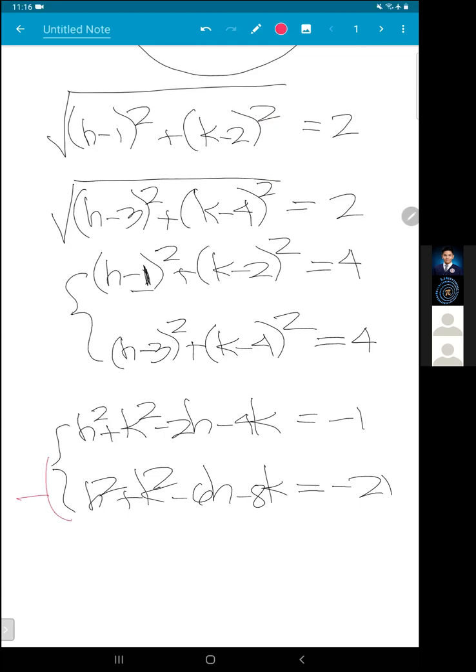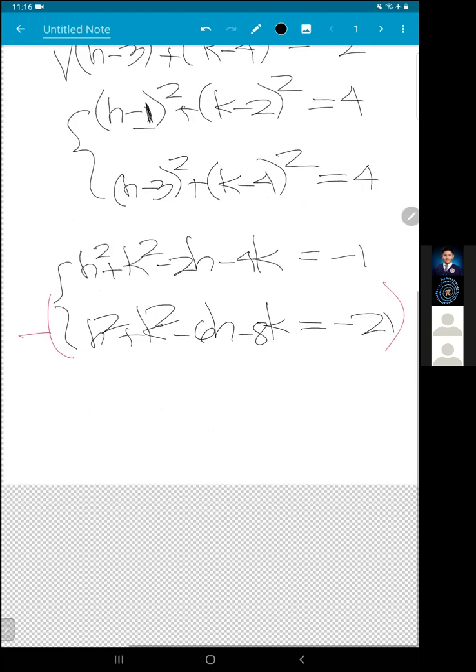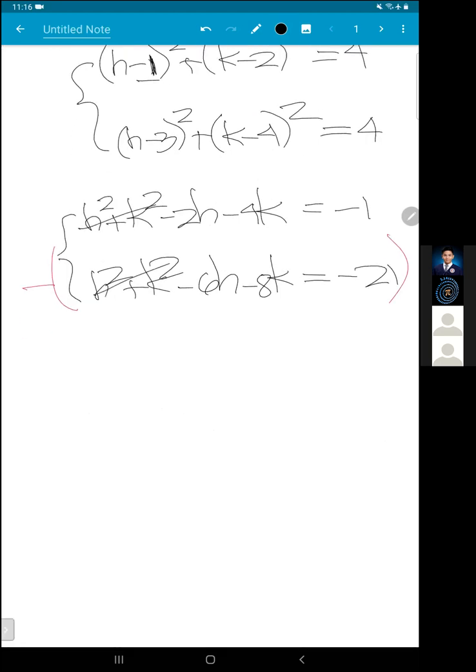Minus. If we do that, cancel yung h squared plus k squared, and then negative 2h minus negative 6h, that's plus 6h. So you have positive 4h. Negative 4k minus negative 8k, that's plus 8k, so you have plus 4k.